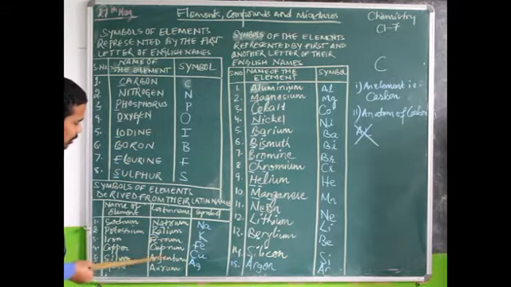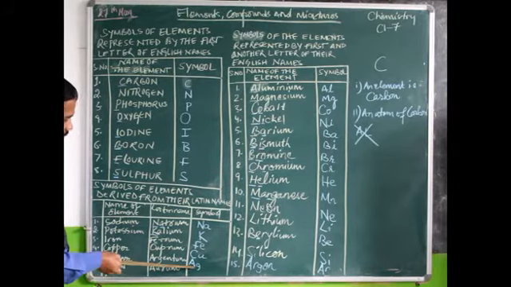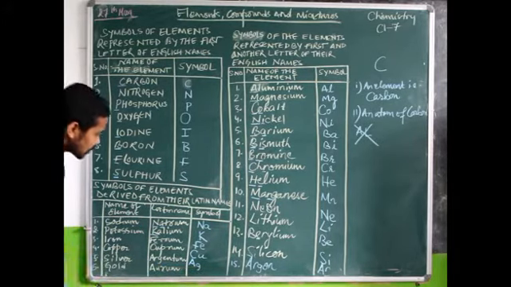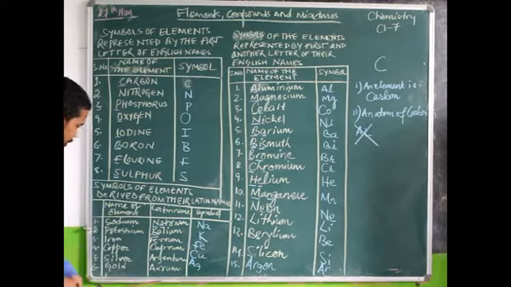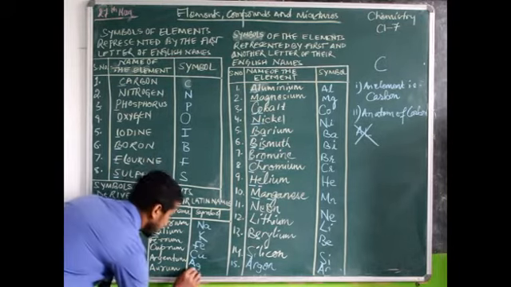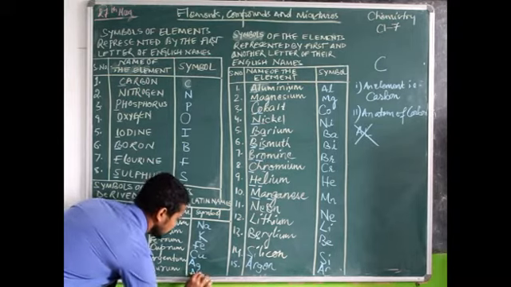So the second letter is g. So Ag. So argentum symbol is Ag. Then gold, aurum. Gold's Latin name is aurum. So Au.